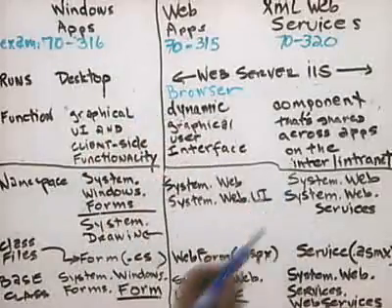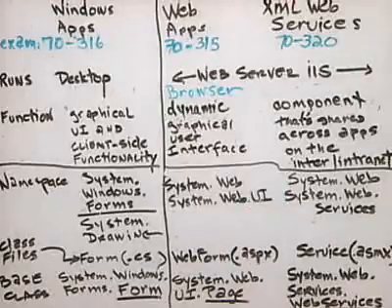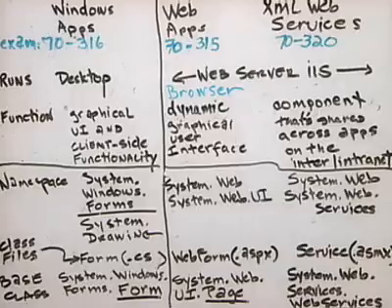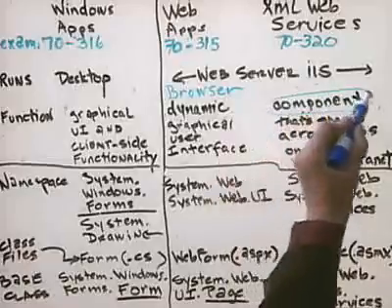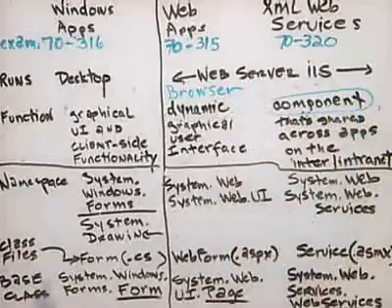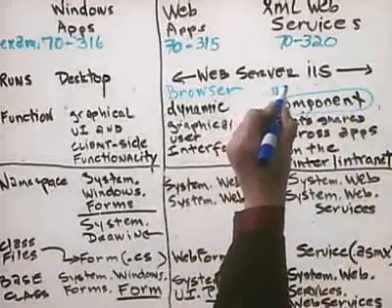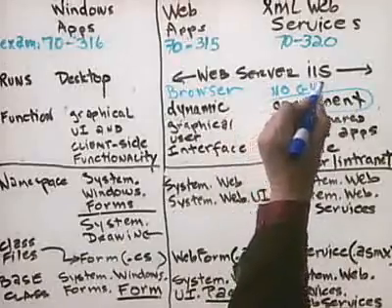A web service, on the other hand, is really not built to create a graphical user interface. A web service is really a component that's shared across internet and intranet applications. The key word here is component. That commonly means an object that has no GUI interface.